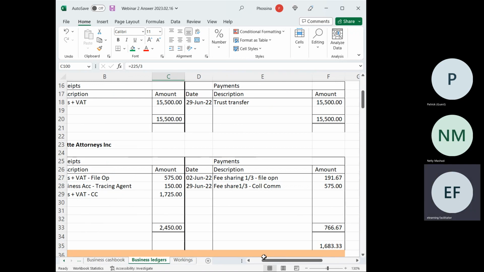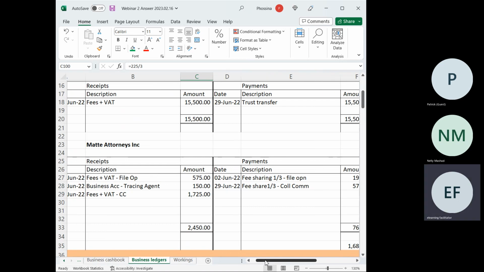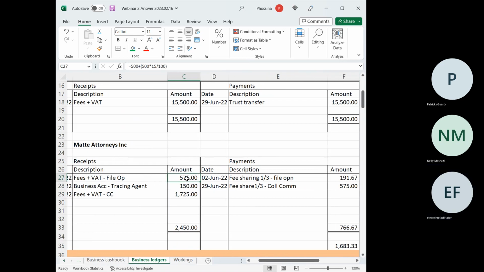As you can see from the ledger, we are supposed to collect. This is what we are supposed to recover, but this is what should go to them. So if we compare the two sides, you'll find we've got a difference of 1,683.33. So of this amount, we are supposed to receive it. This is what we are going to transfer to our business account. This is our trust transfer.